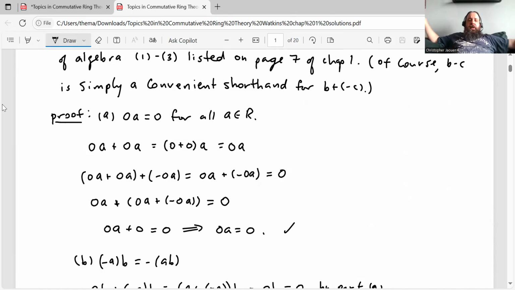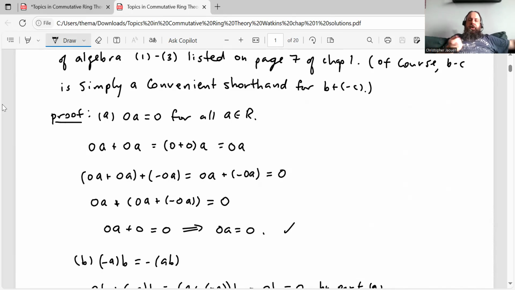Using associativity on the left-hand side, that's equal to 0A plus (0A plus minus 0A). And on the right-hand side, we're adding additive inverses, which gives you the additive identity 0. And 0A plus negative 0A also is 0. So we get 0A plus 0 equals 0, which implies that 0 times A is 0.